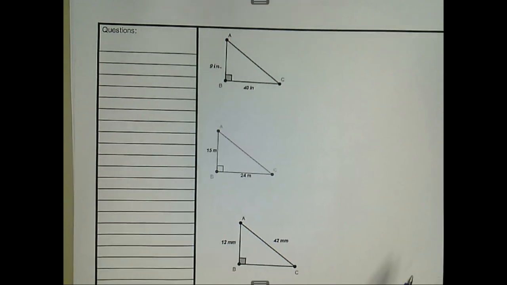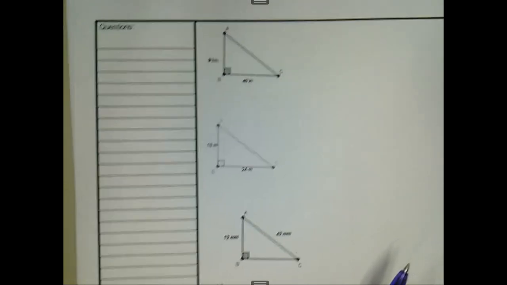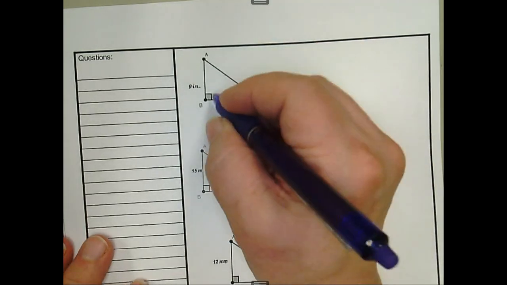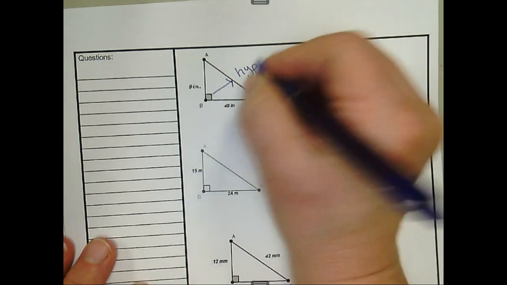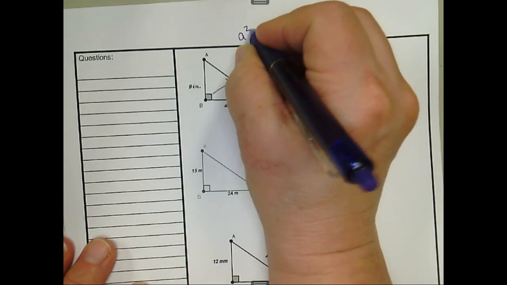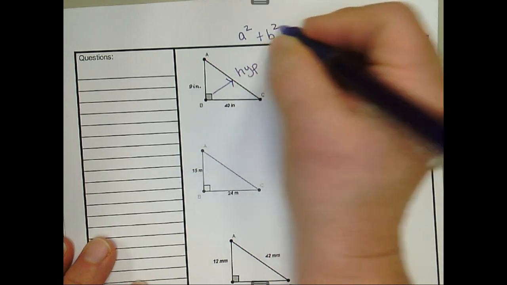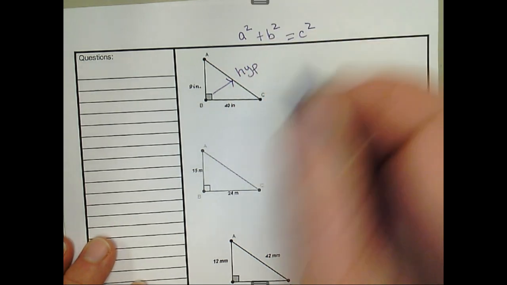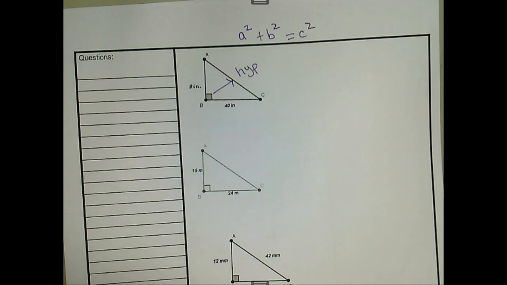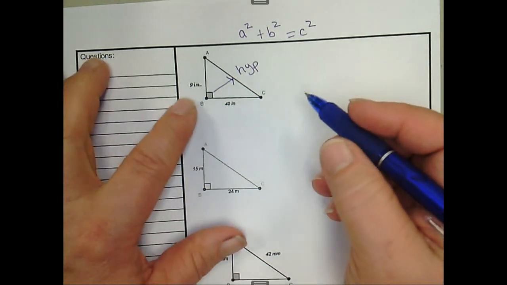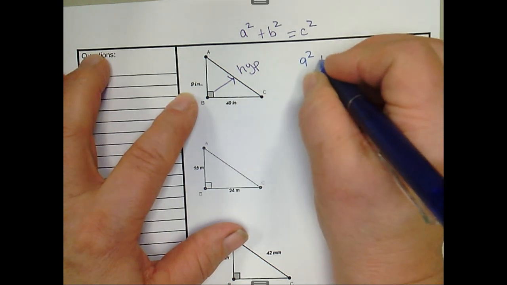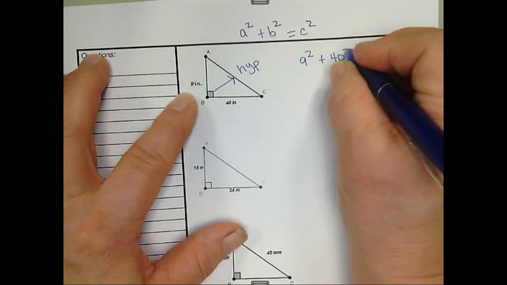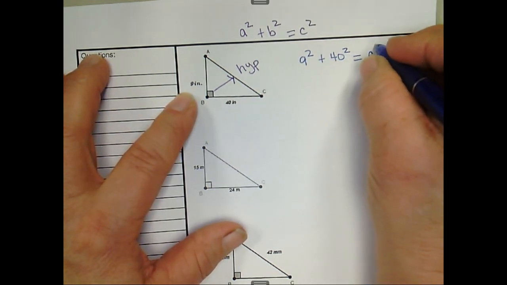Okay, let's try this again. This is my hypotenuse. So I can actually use a squared plus b squared is equal to c squared. So let's set up our equation. 9 squared plus 40 squared is equal to c squared.